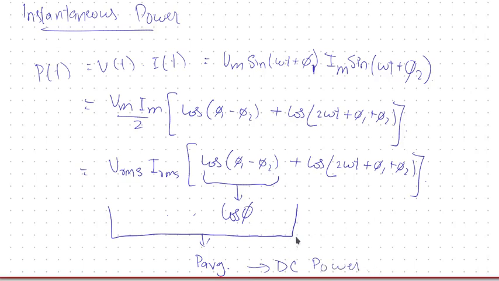Now let's look at something known as complex power. Complex power is Vrms times Irms with a conjugate, and we can represent this as P plus or minus jQ.